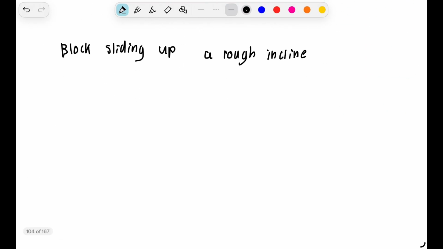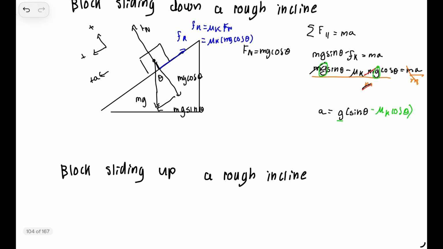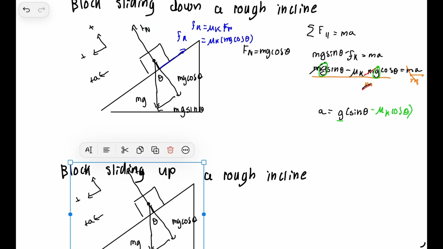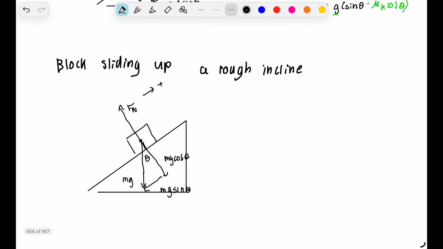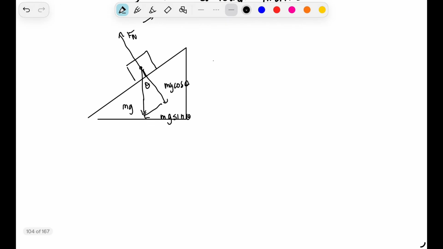What about a block that's sliding up a rough incline? So it's going to be similar to this, except you're going up now. So we can change our coordinate system. We're going to make up the incline our positive direction. So now we have the friction pointing in the opposite direction because it's still opposing.